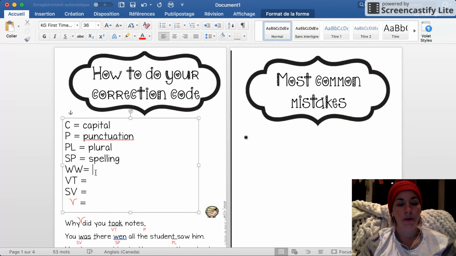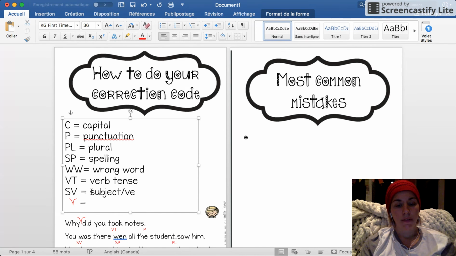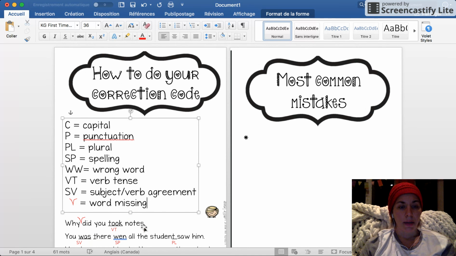WW is for wrong word. VT is for verb tense. SV would be for subject, verb, agreement. And this is when there's a word missing. All right.